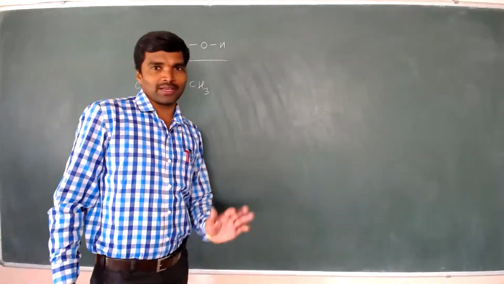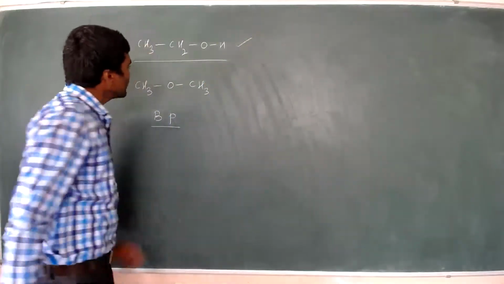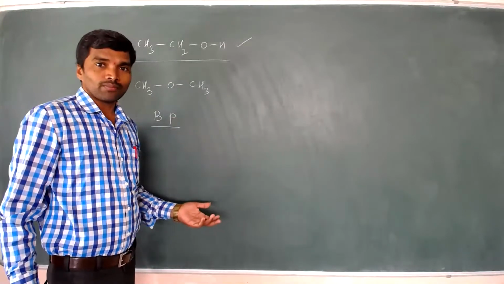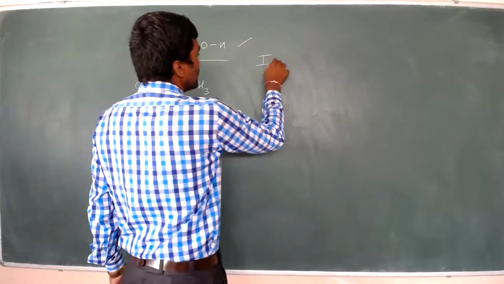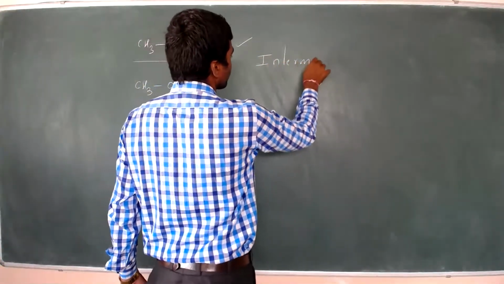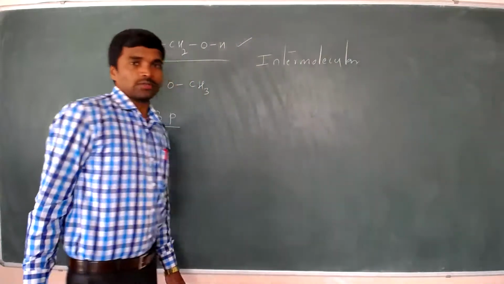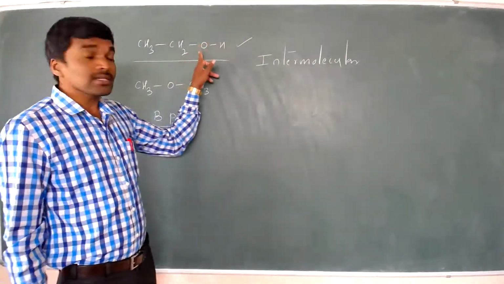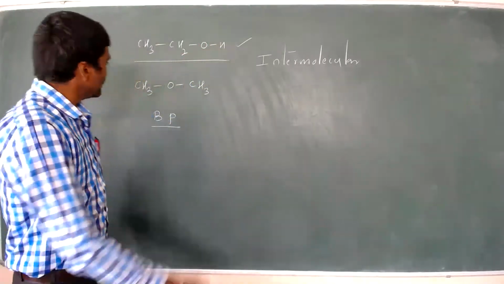Why? Because ethyl alcohol exhibits hydrogen bonding. What type of hydrogen bond, you know? Intermolecular hydrogen bond. Okay. Why? Because oxygen has hydrogen.